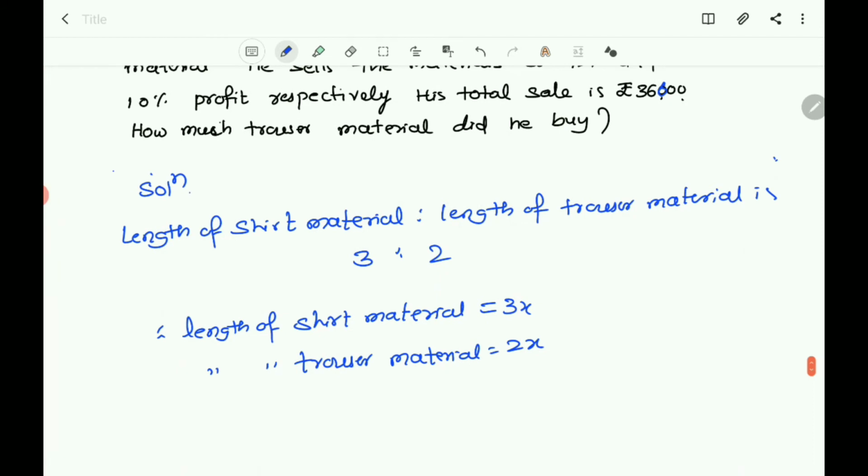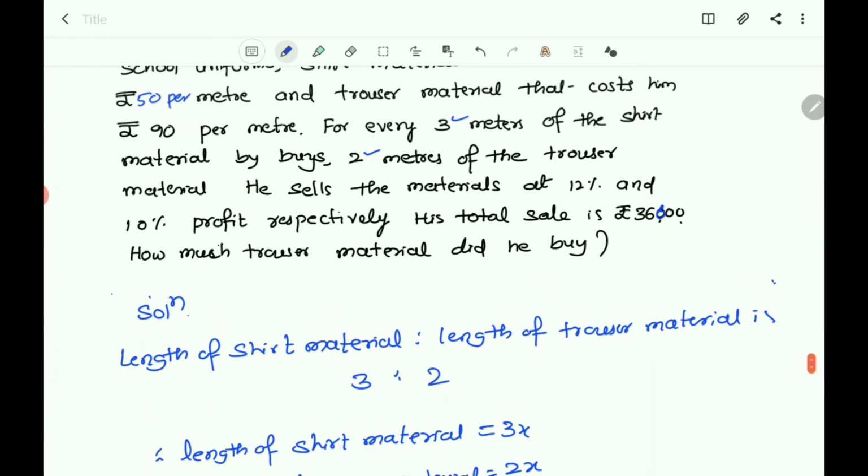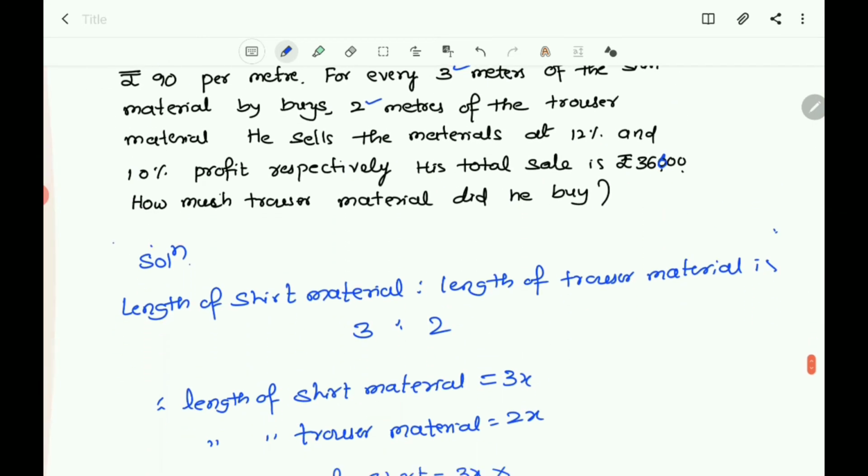Now you know the total cost of the shirt is given, that is total cost price of shirt, total CP of shirt. The rate is rupees 50 per meter.